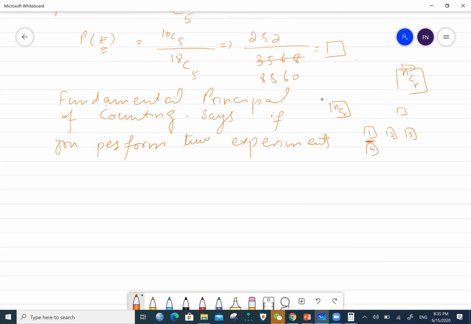Two experiments means to say that we select 2 boys and 2 girls. Now these are 2 different independent experiments. To select the number of boys will not affect in any way selecting the number of girls, and similarly, to select the number of girls will not affect in any way selecting the number of boys. I cannot say that if I select one boy, the other one will be a girl. No, they are totally independent. They are not depending upon each other.